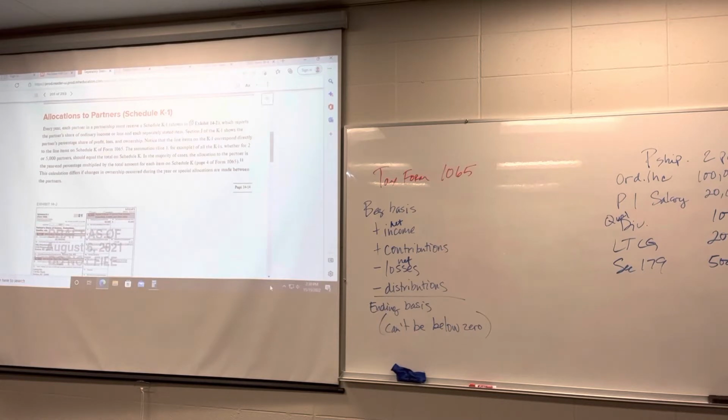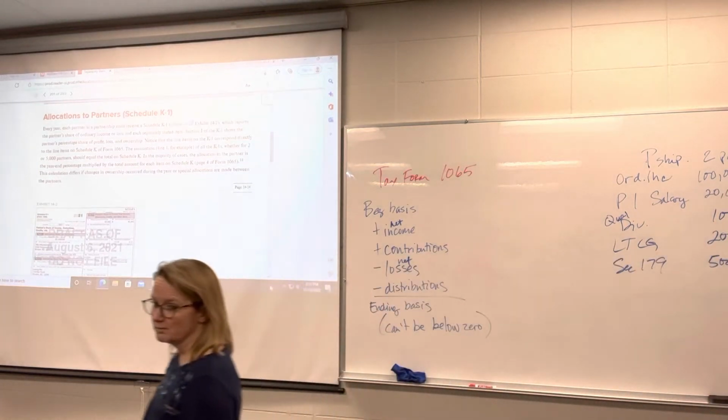Dividends and qualified dividends, we've got 400, 400, 400, 400. Long-term capital gain, we've got 800 and 1,200. And then section 179, sorry, is 2,000 and 3,000. That's how that would all get separated for each of those individual partners.